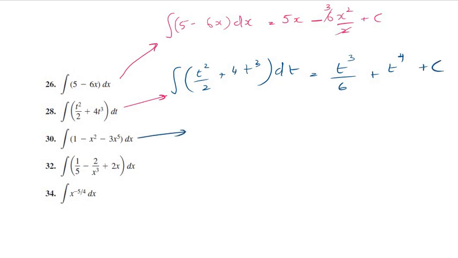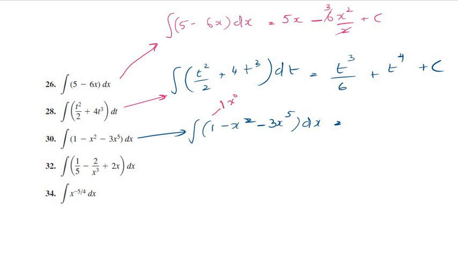So here integral of 1 minus x squared, x squared minus 3x to the power 5 dx, that would be, let me rewrite this, 1 is x to the power 0.